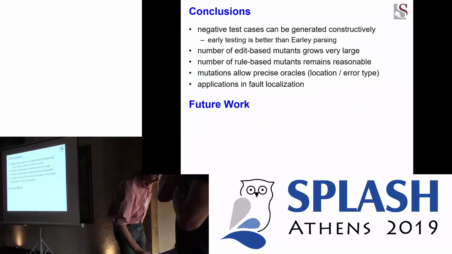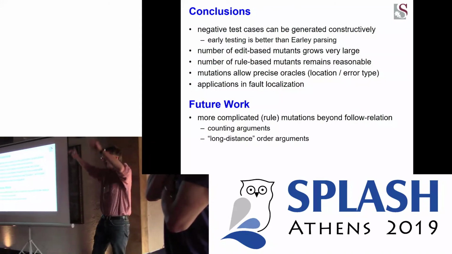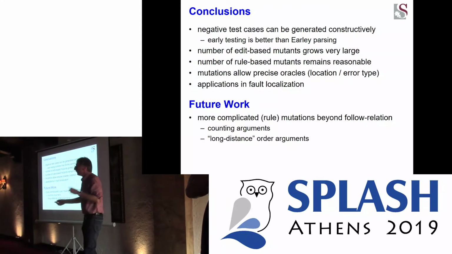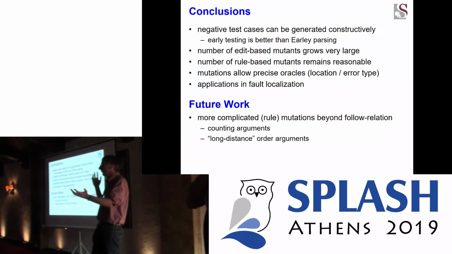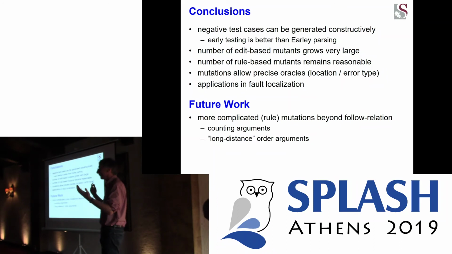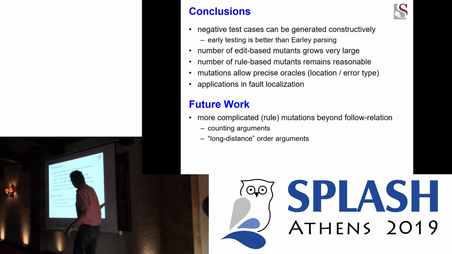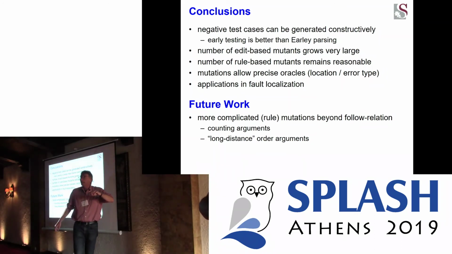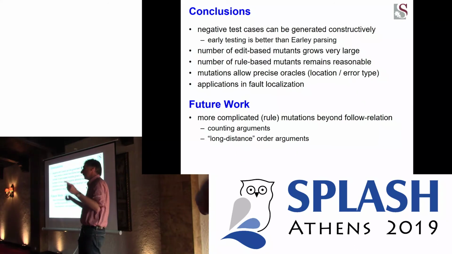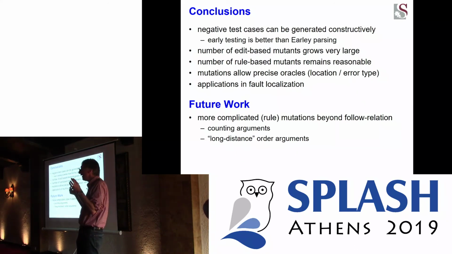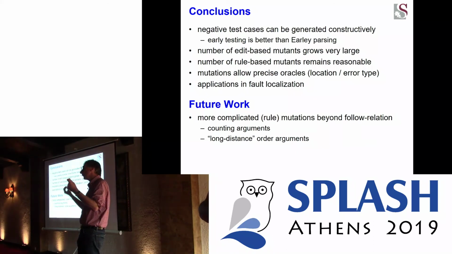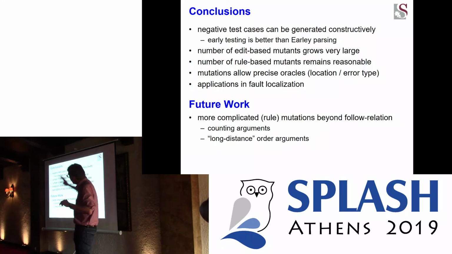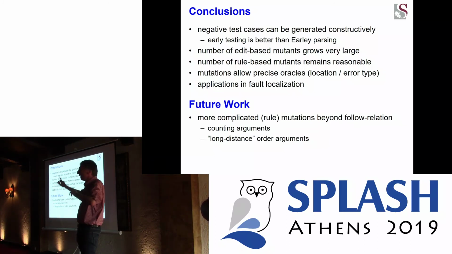Yes, for instance, if you look at simple, like Dyck grammars, right? Because of the very limited number of tokens, this follow-precede set constraint doesn't work that well. So you can use counting arguments. If you know that open bracket and close bracket are always occurring in pairs in every rule, then you can delete either the open bracket or the close bracket, even if they don't satisfy the conditions that I've put out there, right?